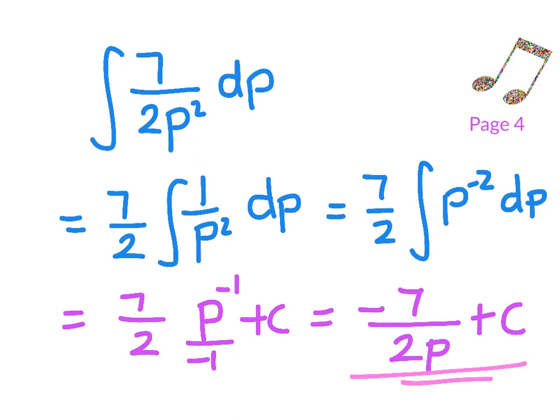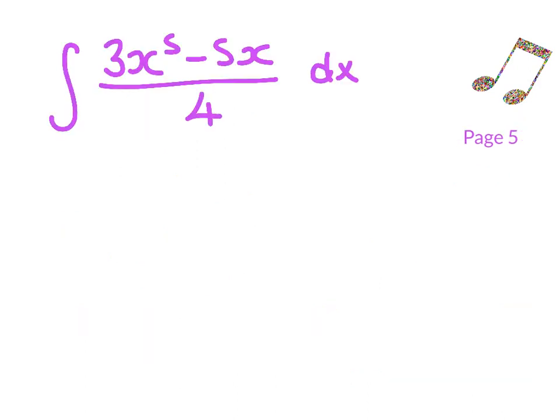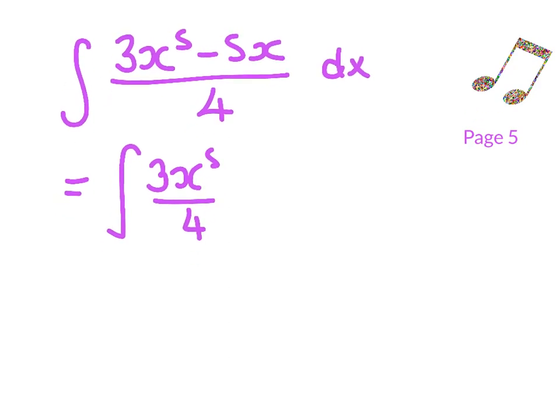And our last example is on page 5. So I've got a really big fraction here. I'm going to split it up into 2. So I've got 3x to the 5 over 4, and subtract 5x over 4.